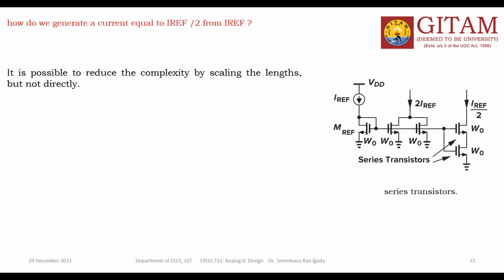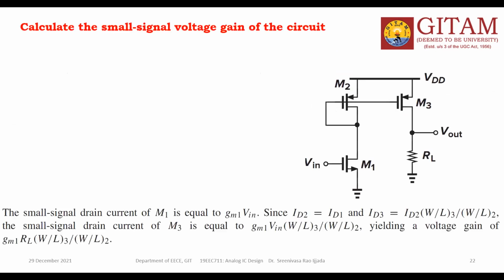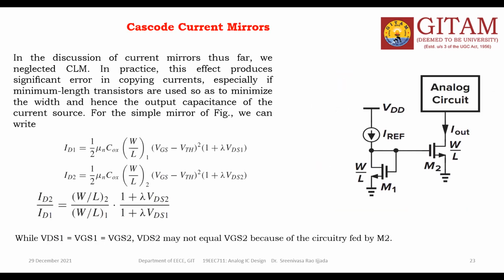After this concept, we are going with cascode current mirrors. Cascode we know. What is a cascode? Generally the cascode configuration is used for higher output resistance and higher gain. In the cascode configuration, two transistors are there.